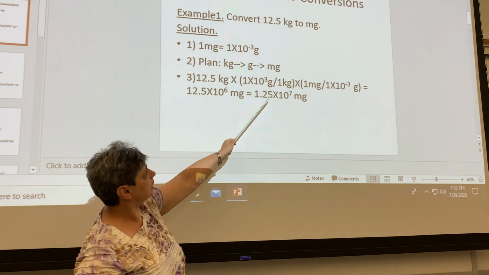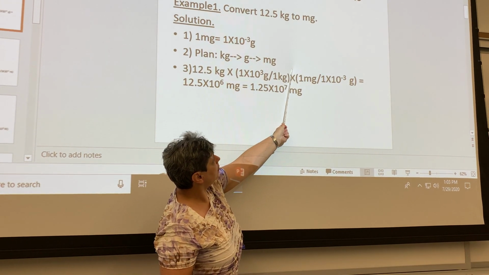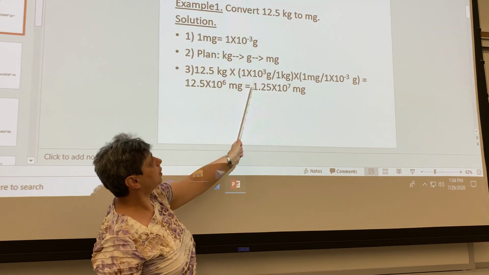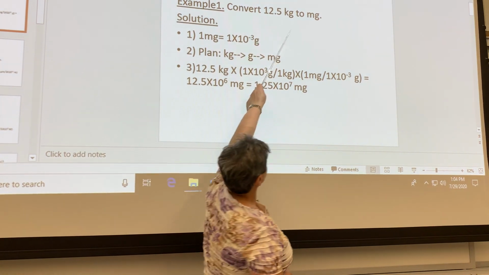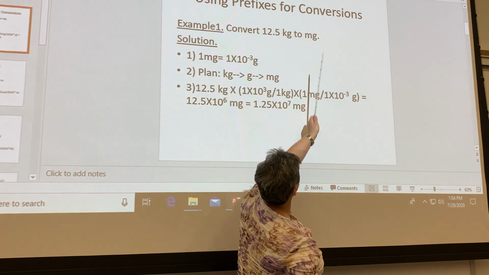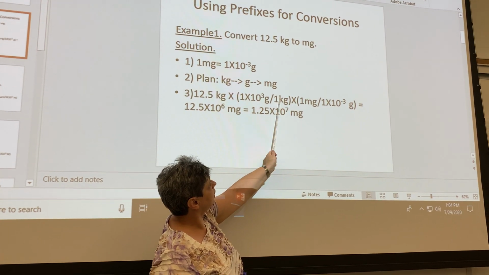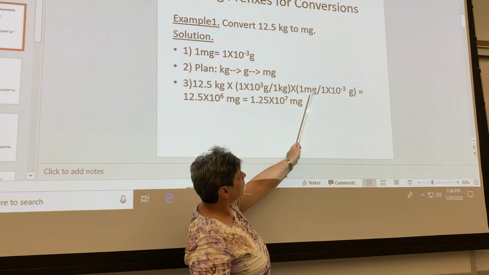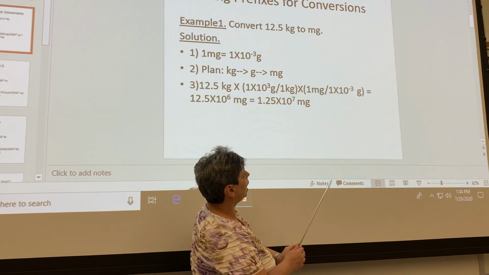This allows me to cancel my kilograms, and at this point, if I were to stop my conversion, the unit would be grams. But grams is not what I want as my eventual answer, because I'm supposed to convert to milligrams here. And so what I'm doing is taking it further by putting 1 milligram on top and 1 times 10 to the negative third of a gram on the bottom.